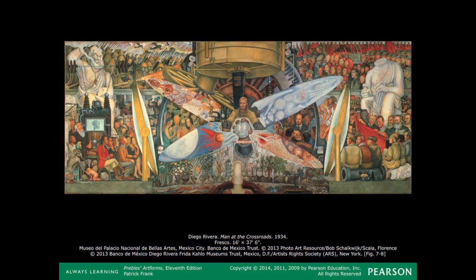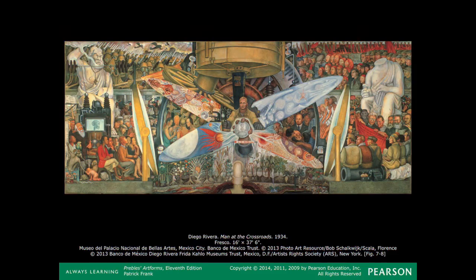And here is another work by Diego Rivera, Man at the Crossroads. Just as I mentioned earlier, he likes to combine images from the past and also from the present. If we look at this work, it feels more like the present, even though there are hints of the plant life in indigenous Mexico.